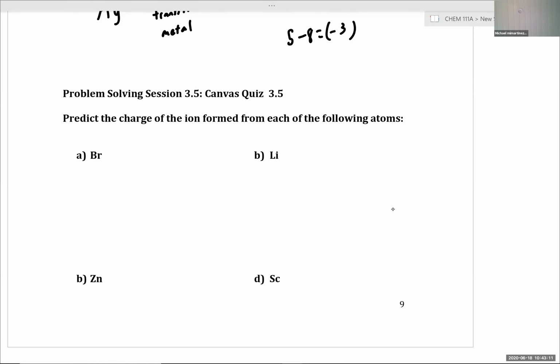So we already see some reasonable responses so far. I would try to identify the group number and the location of scandium in the periodic table and double check that.